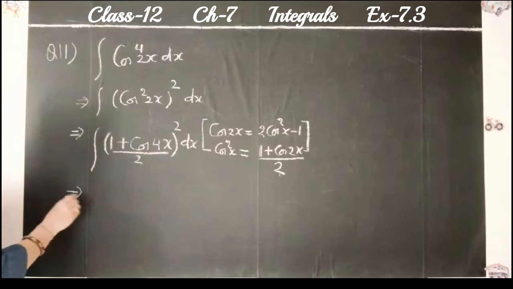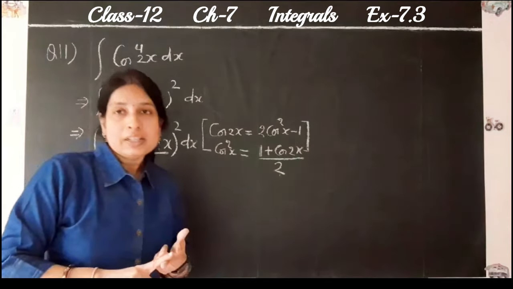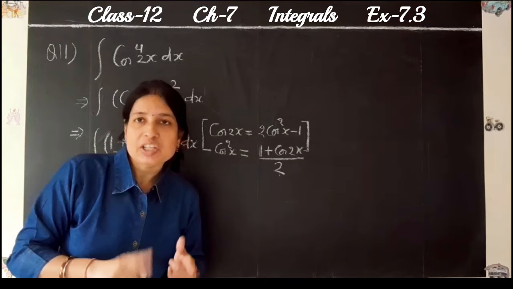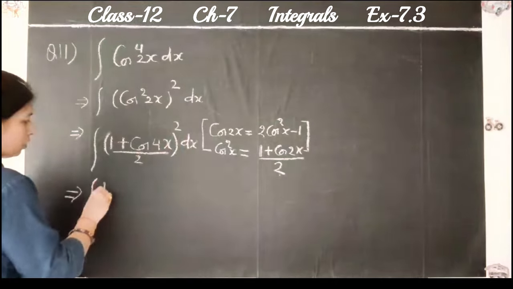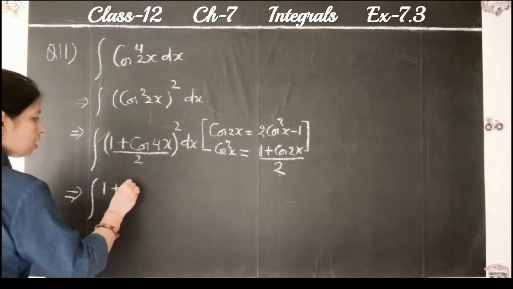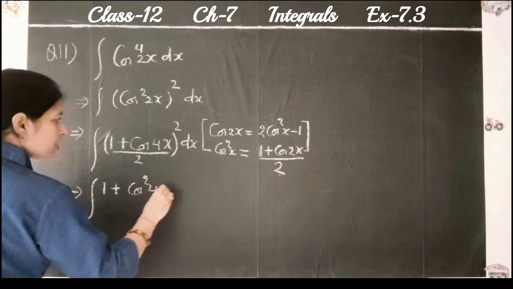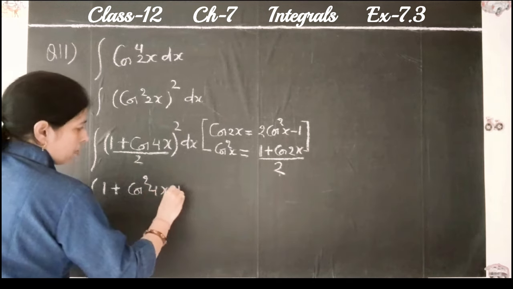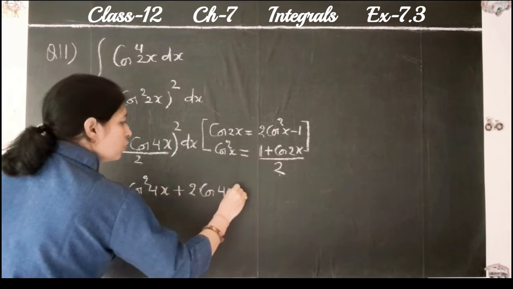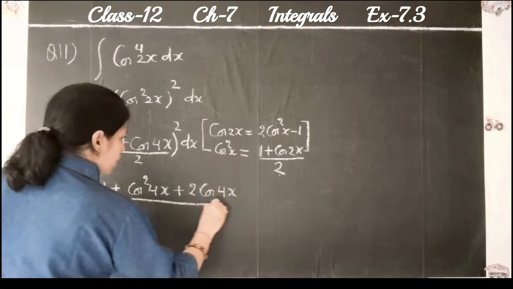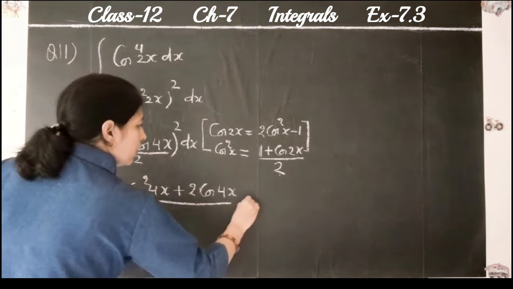Then it is (a plus b) whole square, which will be a square plus b square plus 2ab. So right here, 1 plus cos square 4x plus 2 cos 4x, divided by 4, dx.